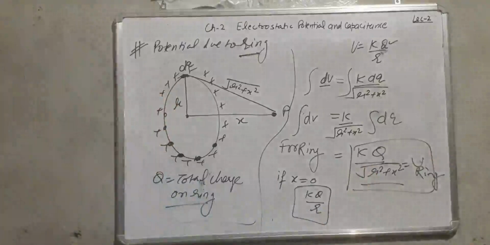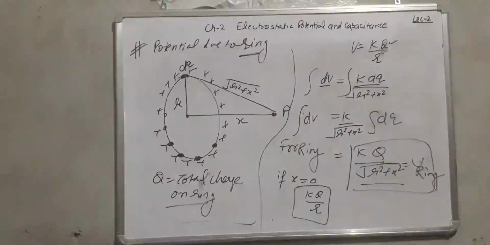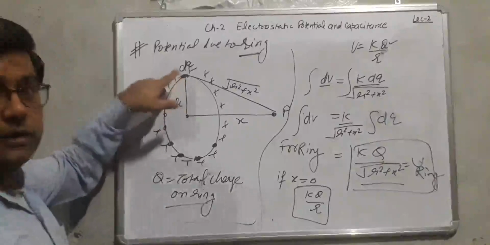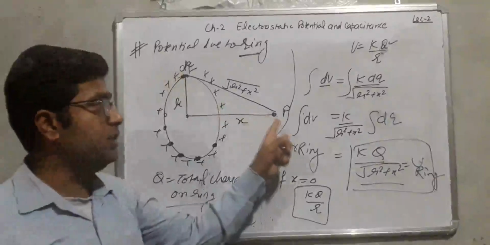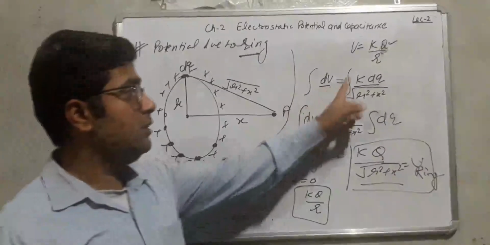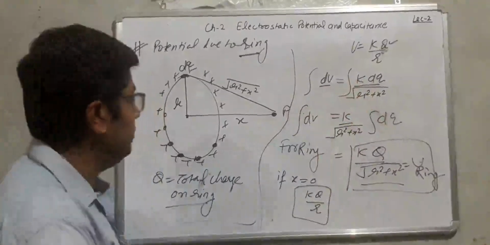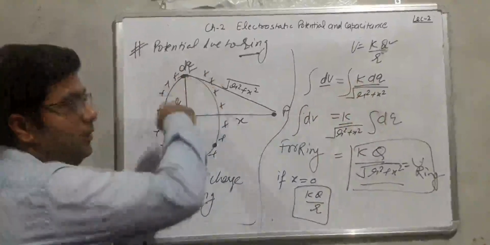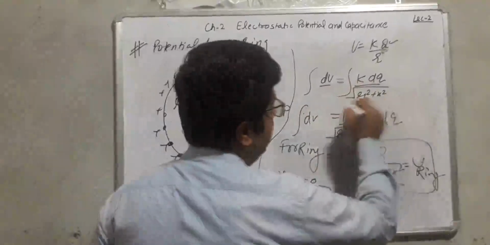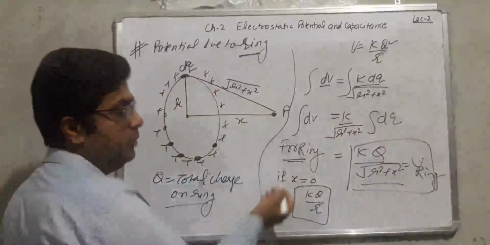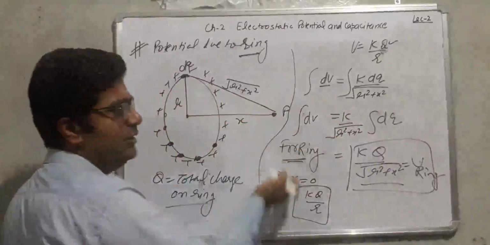Okay. Now the next thing which we are doing, potential due to a dipole. I just repeat all the things. We are taking a small charge element, then we calculate the potential for that, that is dV is equal to k dq by root of r square plus x square. But we need to find out the total for the ring, so for that we integrate. For the total potential, because it's a scalar quantity, we directly just add it.